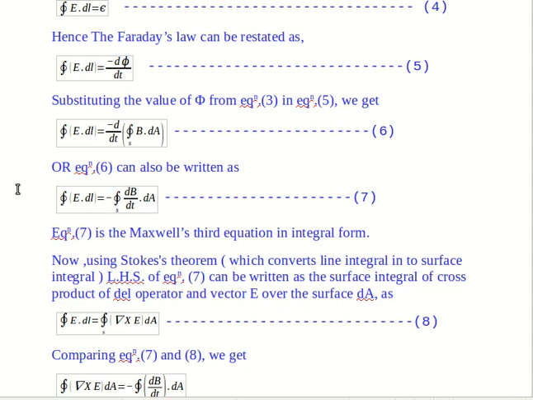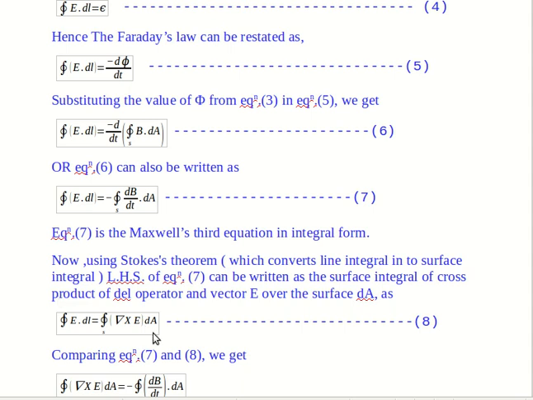Here is how the left hand side can be written using the Stokes theorem: line integral E dot dl is equal to surface integral del cross E dA. So this step, that is equation 8, we have written based on the fundamental Stokes theorem. I am repeating this one.